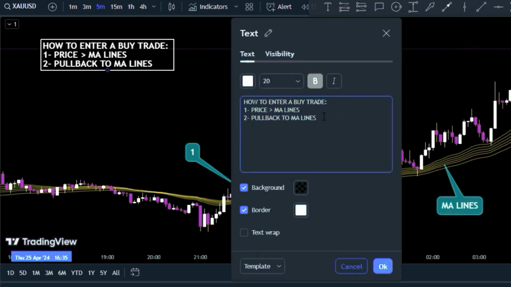Next, wait for the price to break out from the most recent swing high in the market.